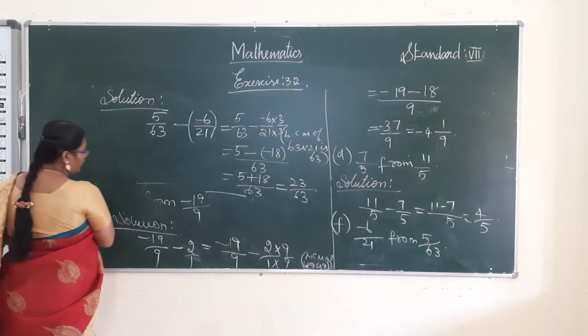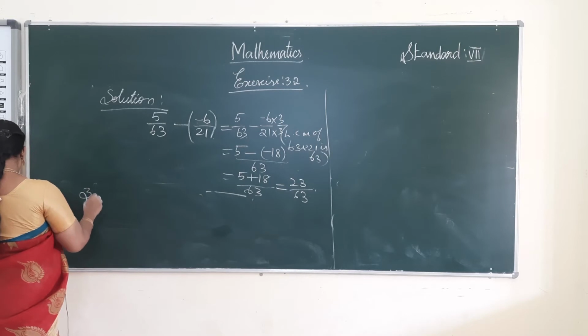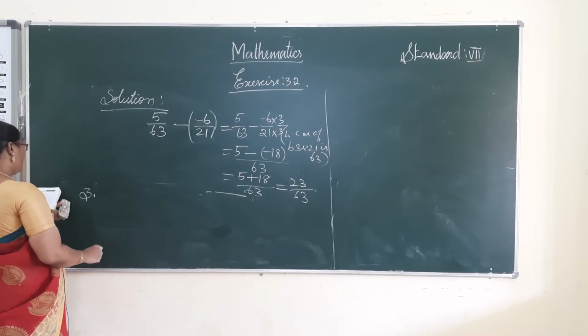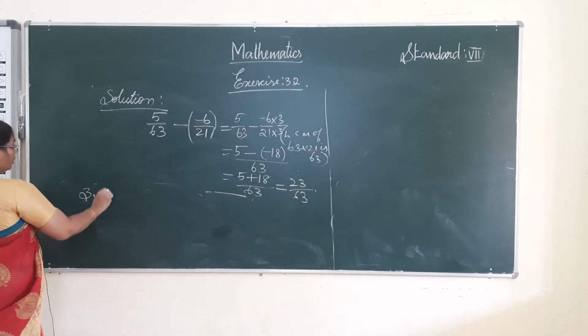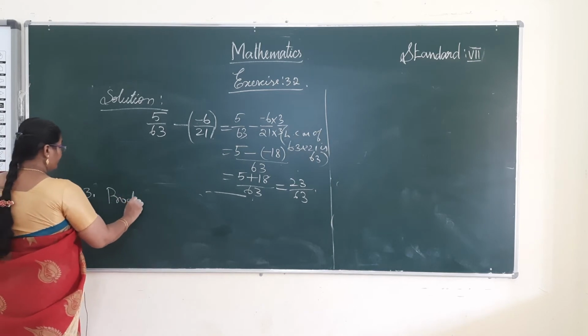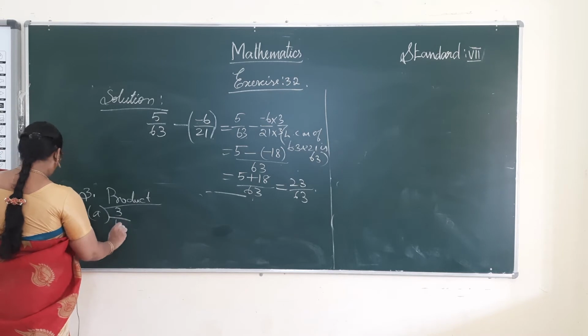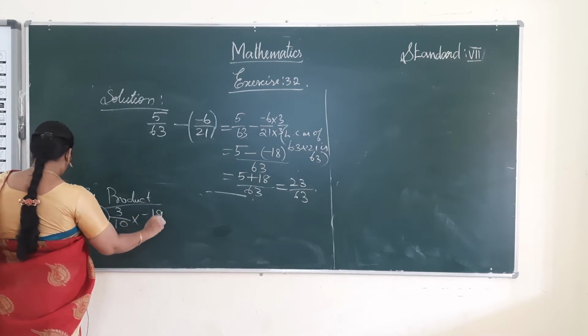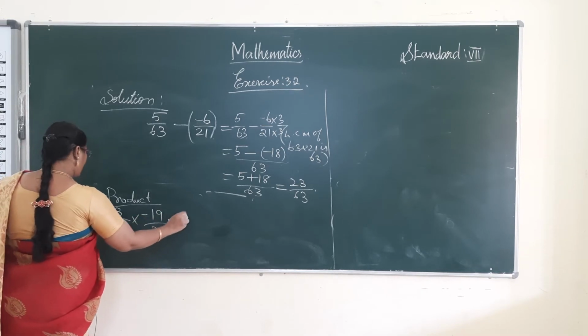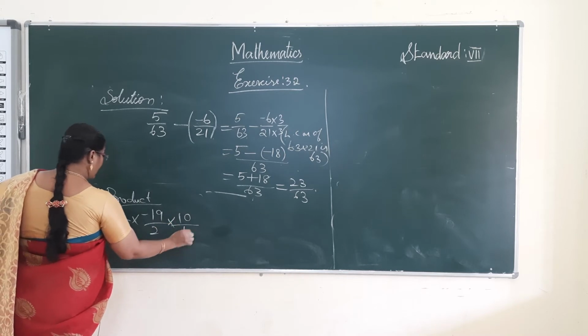Now see the third one. Find the product of the following. First one: 3 by 10 into minus 19 by 2 into 10 by 19.